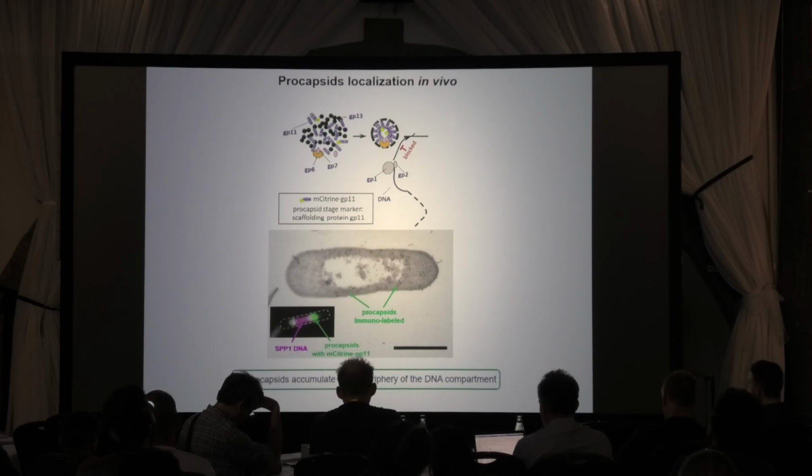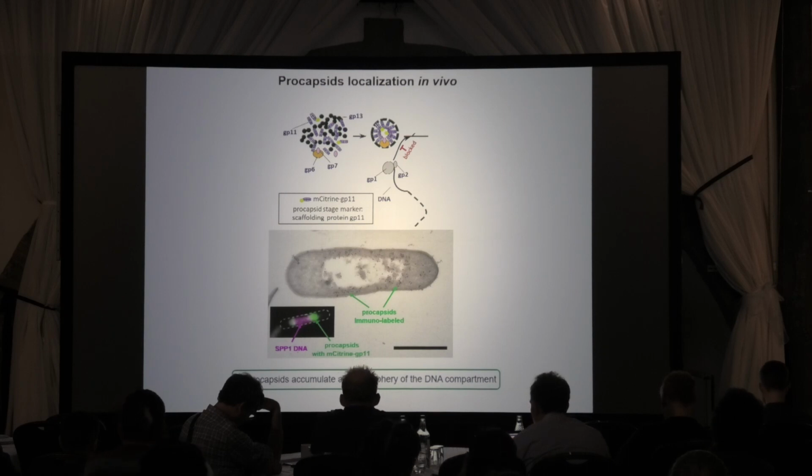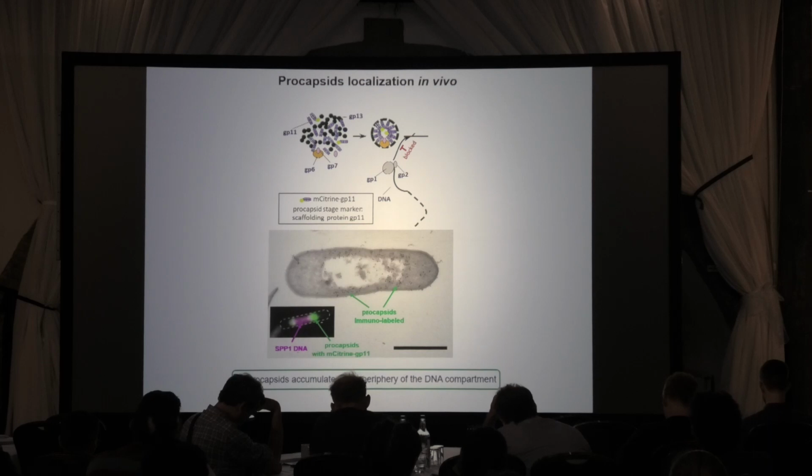And after validating this distribution of the procapsids around the DNA and also in the DNA area, they are enriched at the periphery. This is also shown here, where we see the scaffolding protein fused to M-citrine as a proxy for the procapsid localization. You can see they tend to be at the periphery of this DNA compartment.